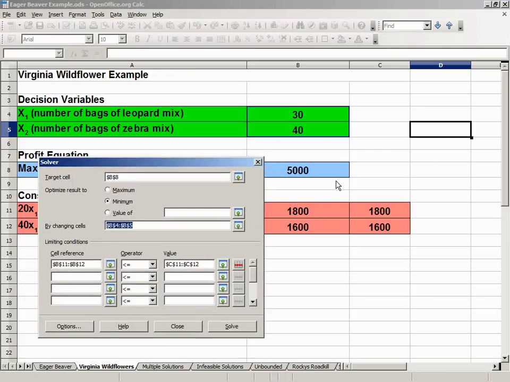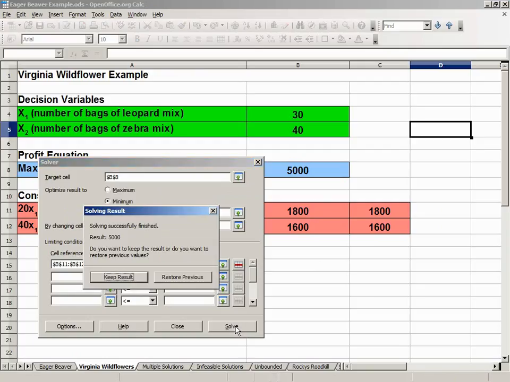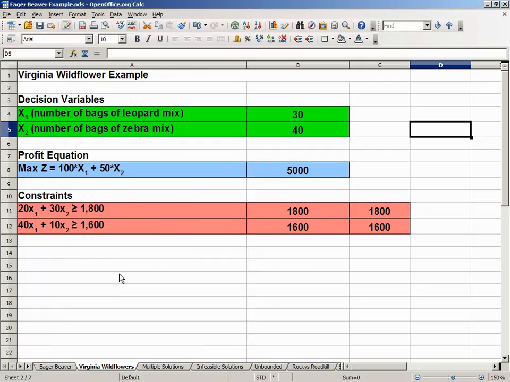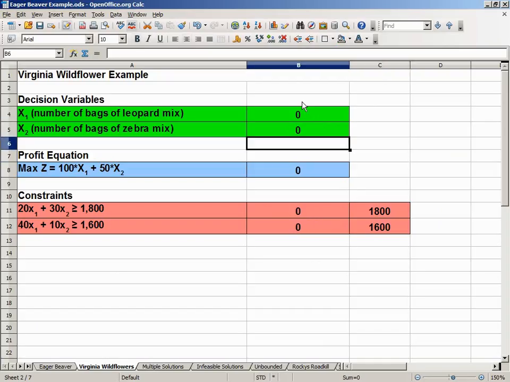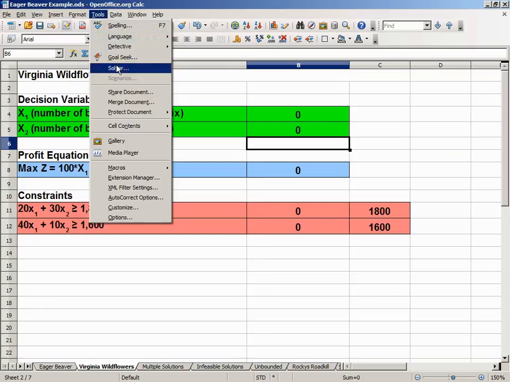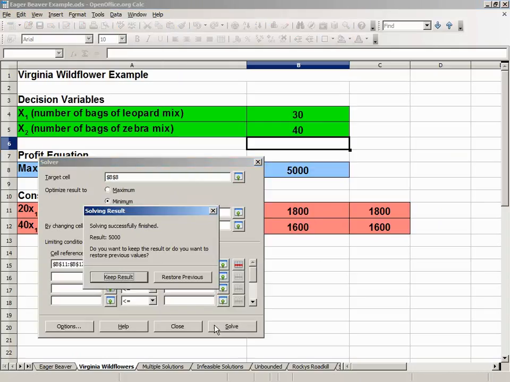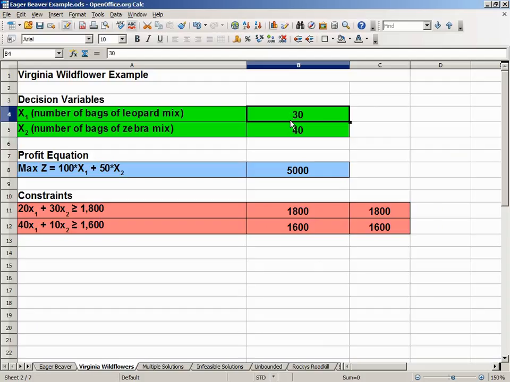Hit Solve, and, well, I'd already solved it. Let's try it again. Solve. It says, all right, you need 30 bags of leopard mix and 40 bags of zebra mix. And your maximum profit's $5,000, and you were able to meet these constraints.